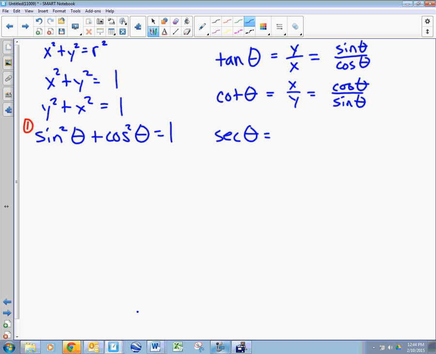Secant was the reciprocal of what? Cosine. 1 over x. So 1 over cosine. What was the other one? CSC, cosecant. Cosecant of theta is 1 over y, which is 1 over sine of theta.